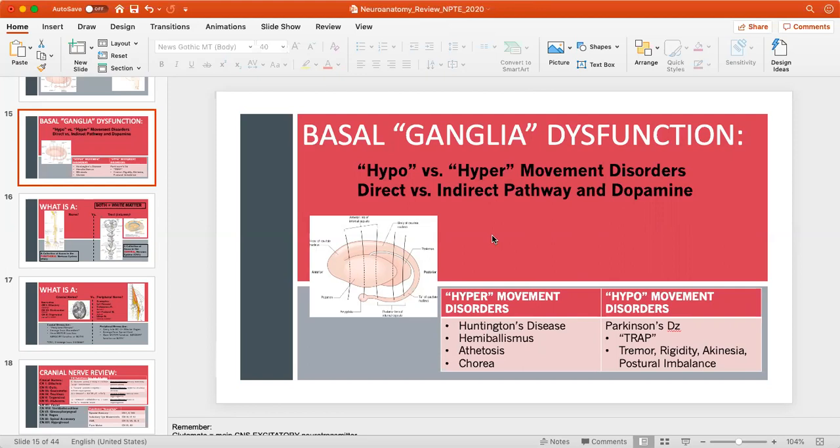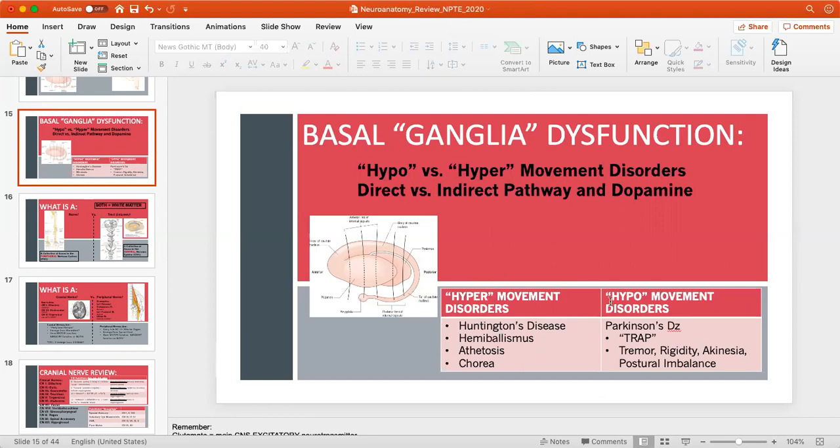So these are going to be a few examples, the diagnoses listed in this chart below. So hyperkinetic movement disorders are going to be things such as Huntington's disease, hemiballismus, athetosis, chorea, where you have an overactivity of some of these circuits.